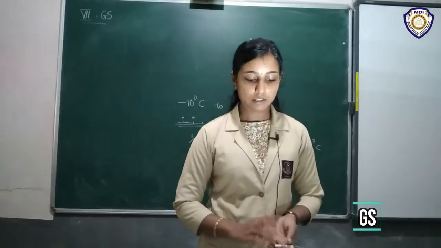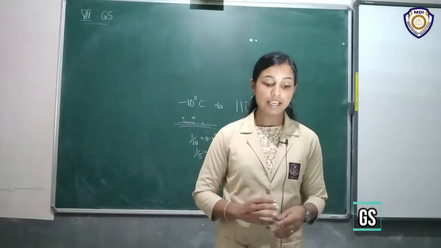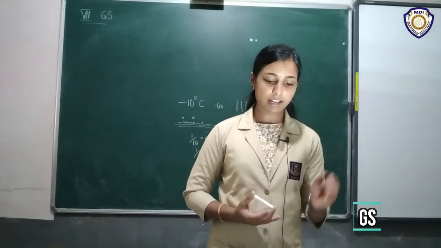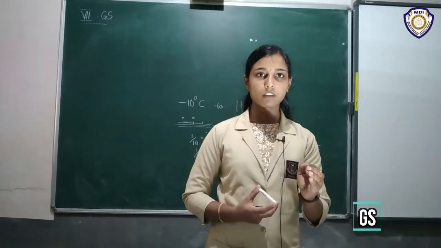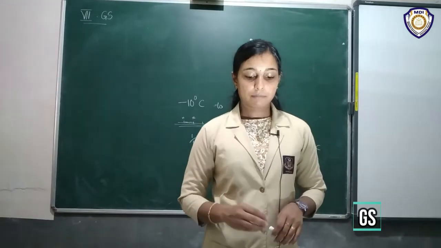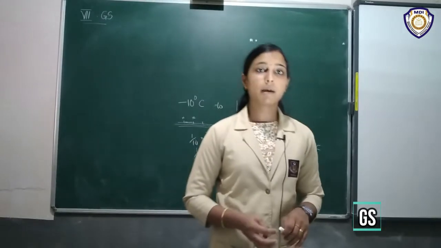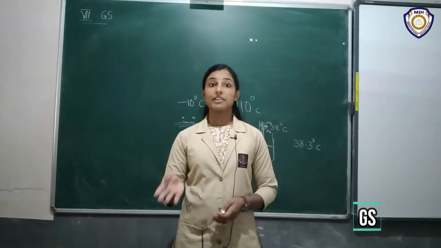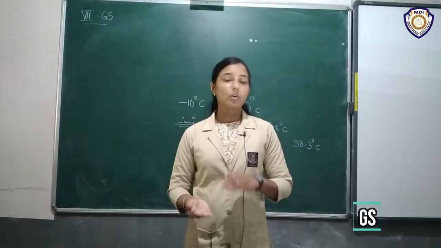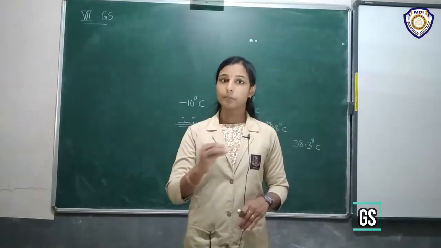You can see in your textbook figure 4.6 that a clinical thermometer has a kink in it. Due to this kink, the mercury level will not fall down rapidly or rise rapidly, so it will take some time.